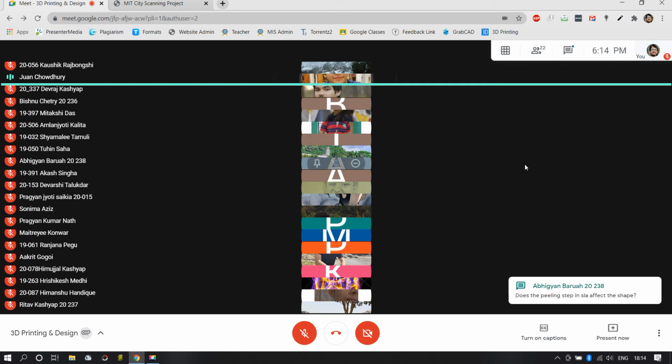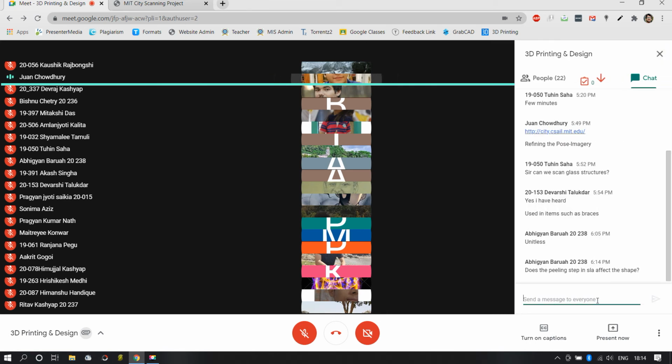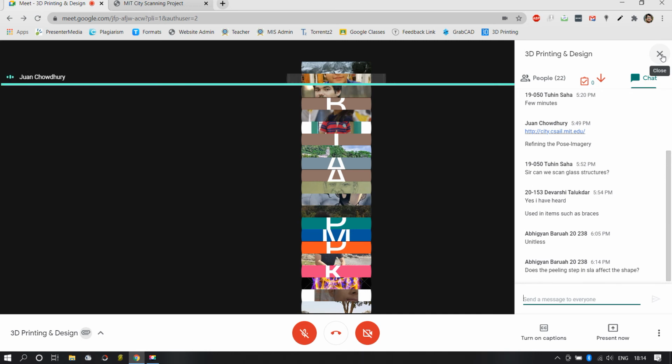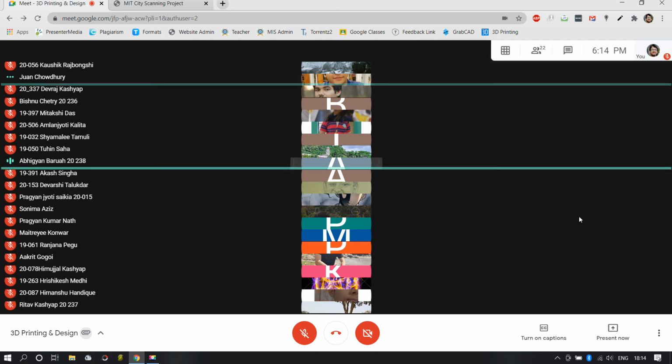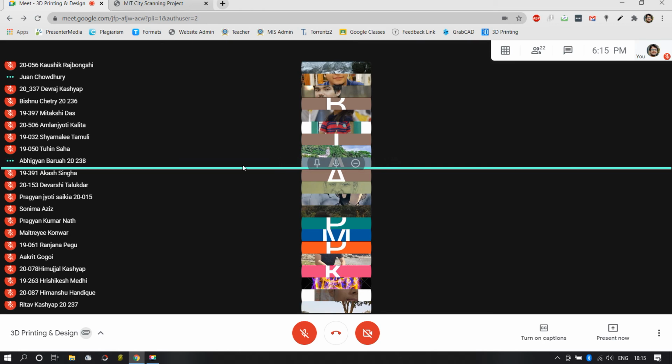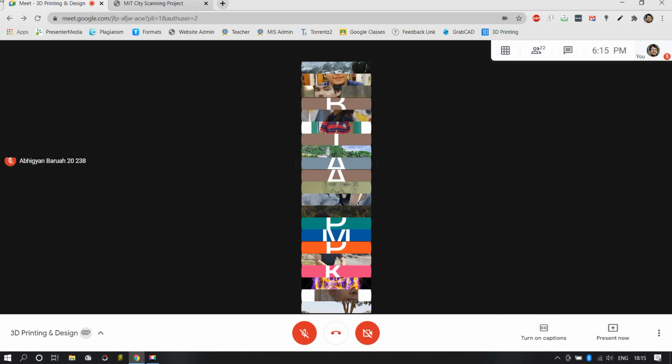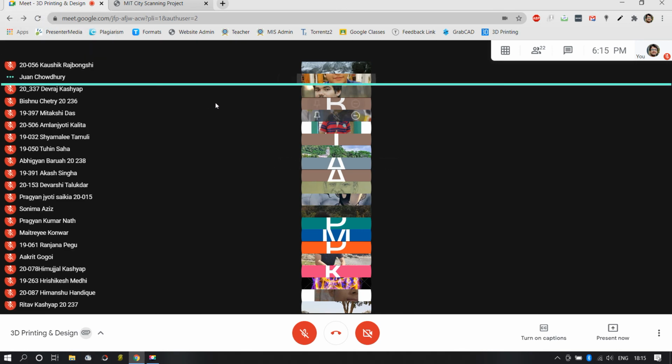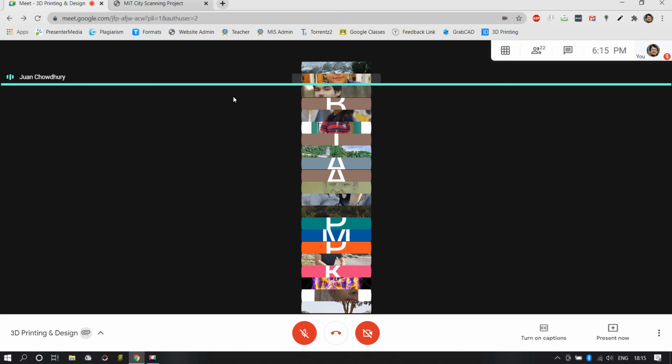So think about something. Yeah, does the peeling step in SLA affect the shape? Peeling step. I'm not sure what's peeling step. Are you talking about thermal warping, Abhigyan? Sir, like about when the platform moves up, then that process. Yeah, actually, that's something that is not really in our favor. That is permanently distorting the shape.